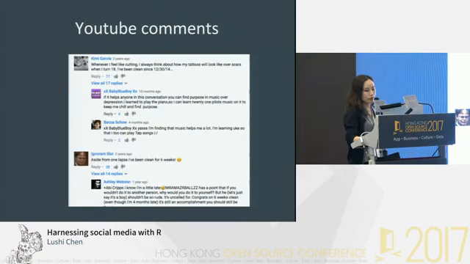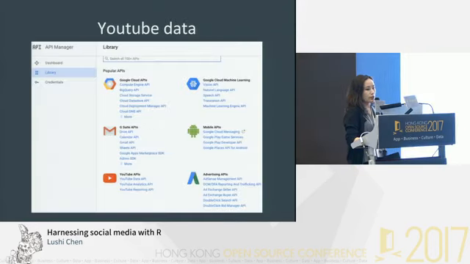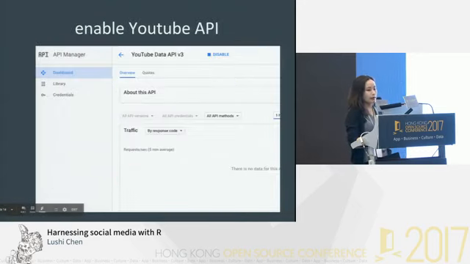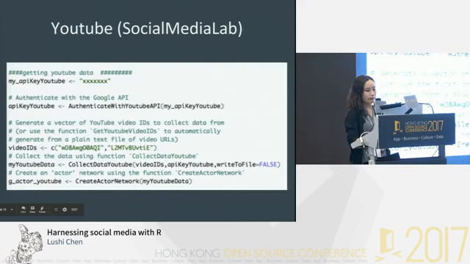And to grab YouTube data, you need to register a Google API account. First of all, you need to enable your YouTube API, and then you click the API manager, and then you find the YouTube APIs, then you enable the API.